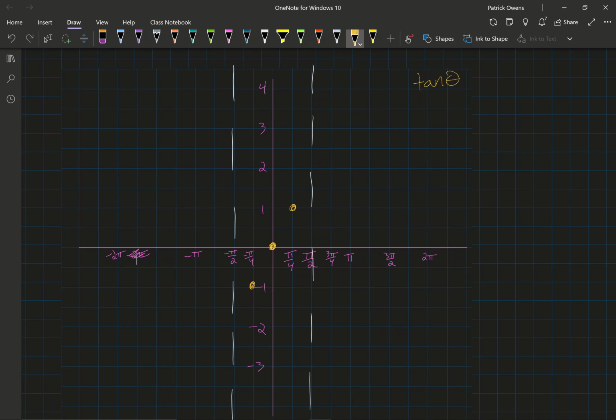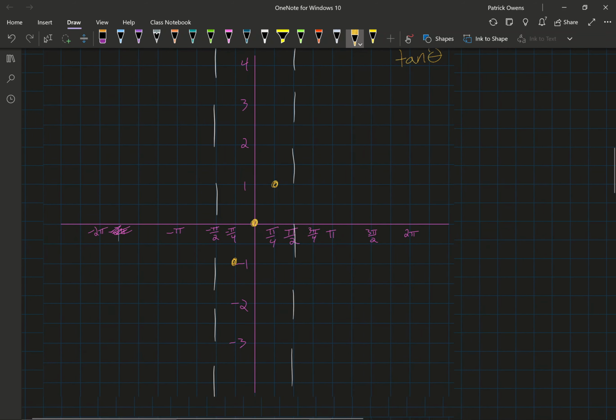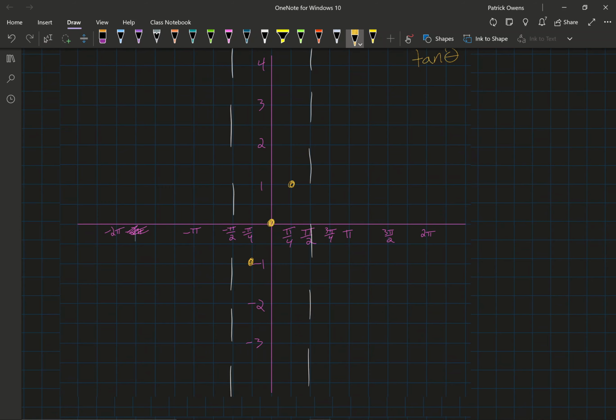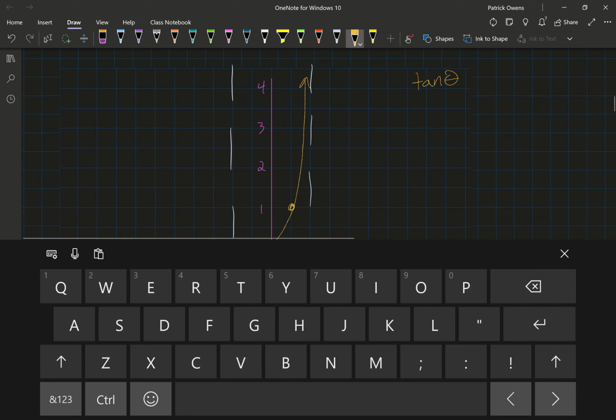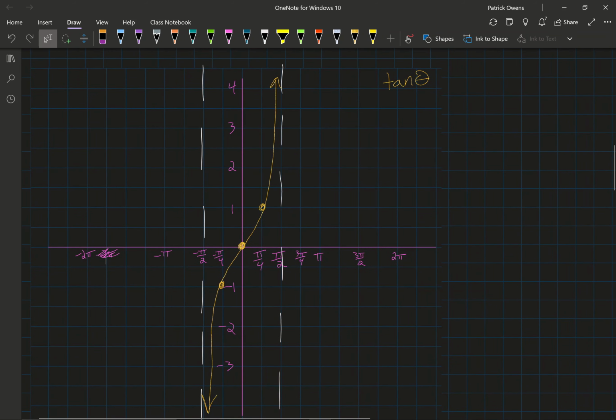So the tangent of pi over 2 is undefined because you have 1 divided by 0. There's going to be an asymptote. So once you have the asymptotes and those 3 points, you can draw a cubic-looking curve for tangent. Now, this is a periodic function just like the others, so it's going to repeat.